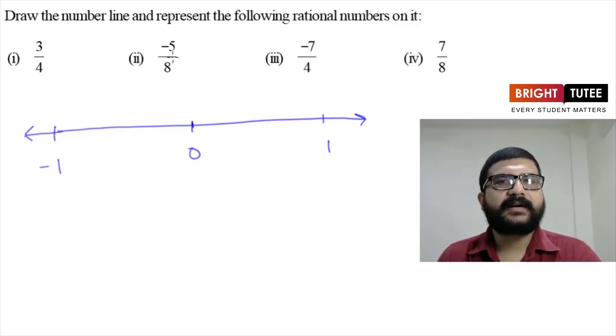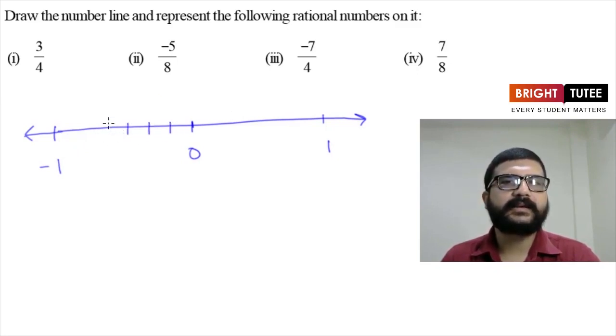Now the number is minus 5 upon 8. So what we will do, we will divide the region between minus 1 and 0 into 8 equal parts. For that we have to use 7 markers. So it will be like this, 1, 2, 3, 4, 5, 6, 7.